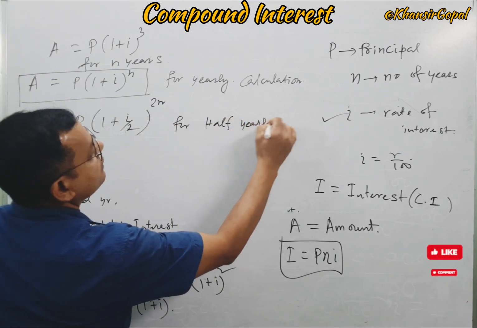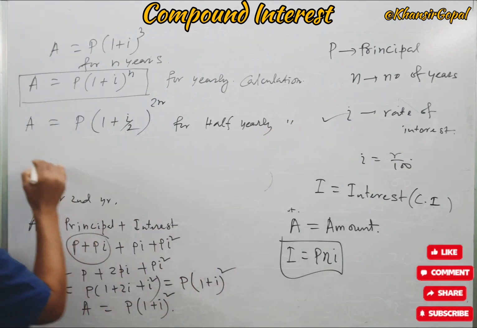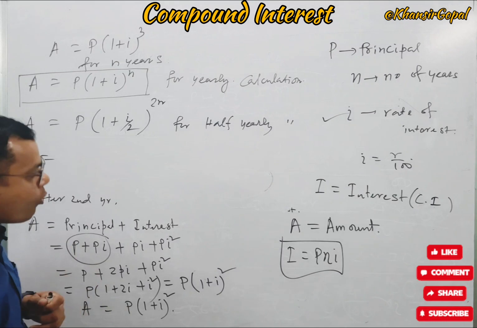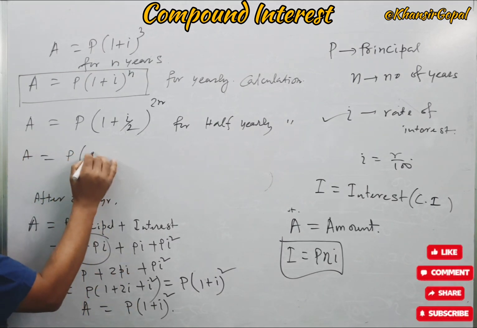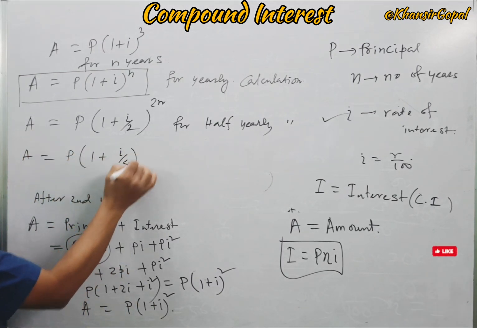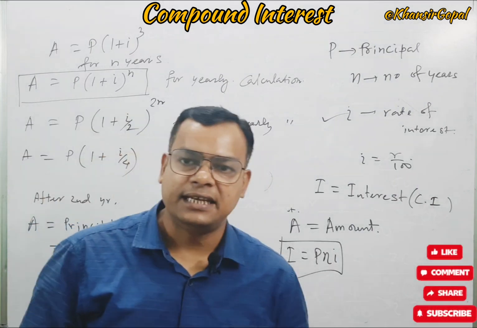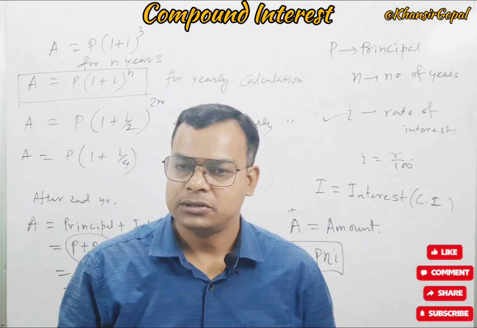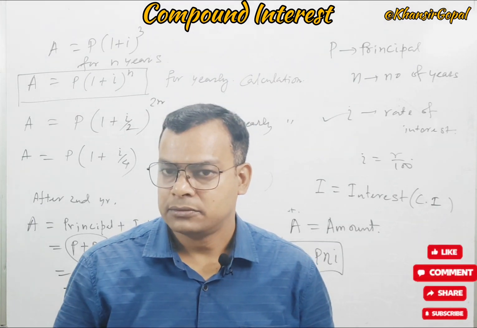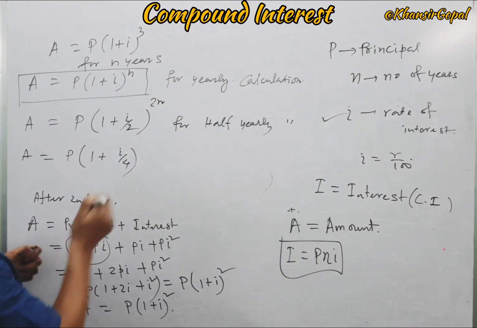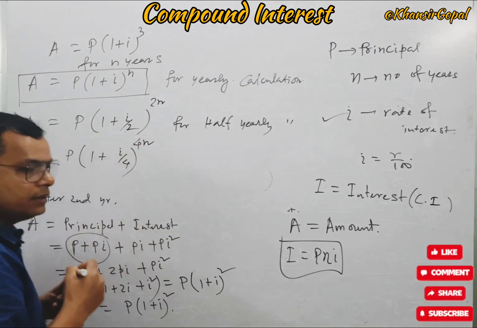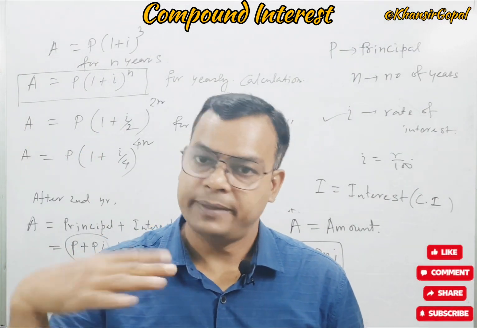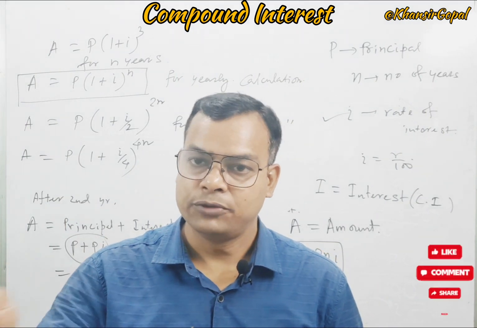Now if you do the same way for quarterly, that means here 1 plus I by 4, because if it is a quarterly exam, the syllabus will be 1/4, then interest also 1 by 4. That means I by 4, and the period, 1 year is 4 parts. 2 years will be 8 parts, that means 2 into 4.